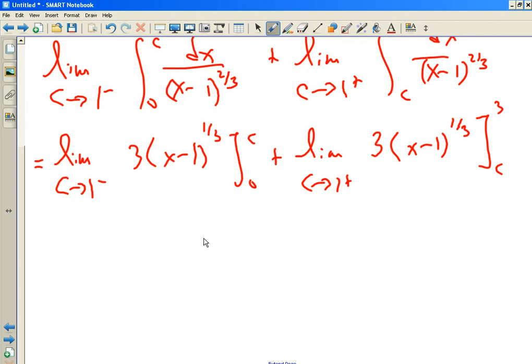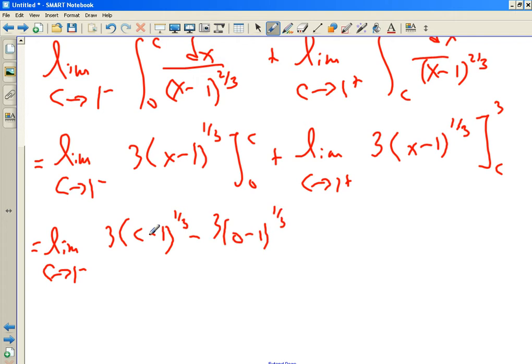All right, so what do you do next? Fundamental theorem of calculus part 1 says plug in. Plug in first. You did it in the last question. I asked the same question. Plug in c, then plug in 0, and subtract in that order. So the limit as c approaches 1 from the left of 3 times (c minus 1) to the 1/3 minus 3 times (0 minus 1) to the 1/3.